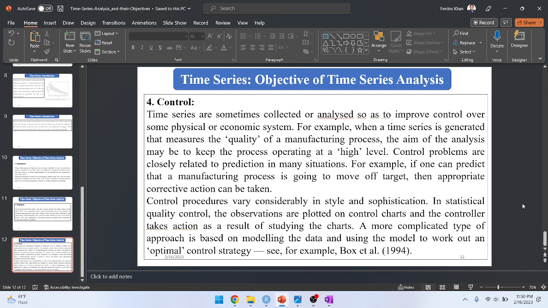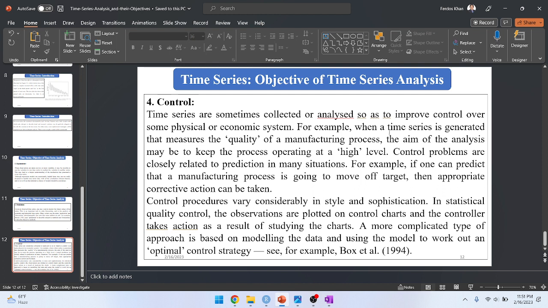Now the important thing, the last objective. Maybe there are other objectives as well, but these four are the main and important objectives. Control. Let's see the text. Time series are sometimes collected or analyzed so as to improve control over some physical or economic system. Remember that you can represent a physical or economic system by a time series model. Remember, because this is important to understand.